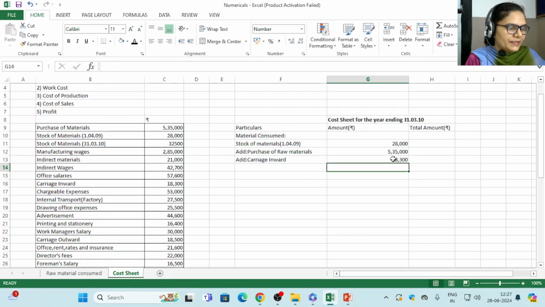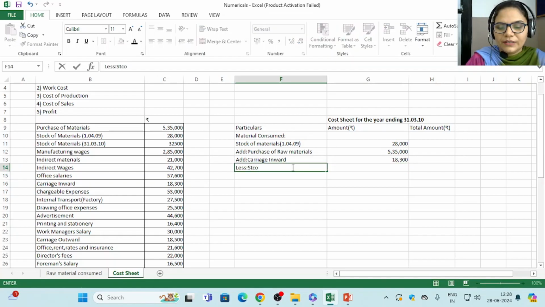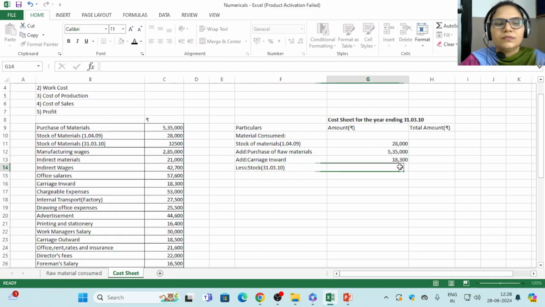Then we will deduct the value of closing stock. The closing stock value is the value mentioned by the date 31/3/2010, which is rupees 32,500.